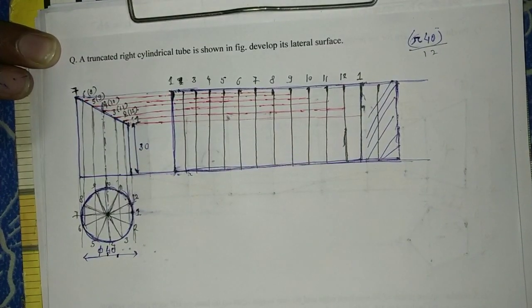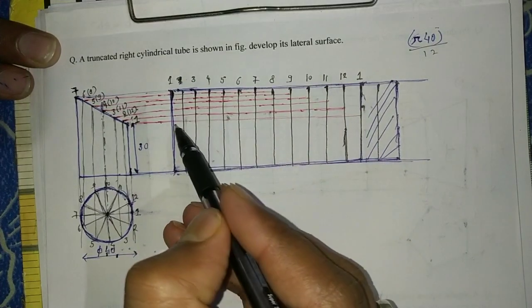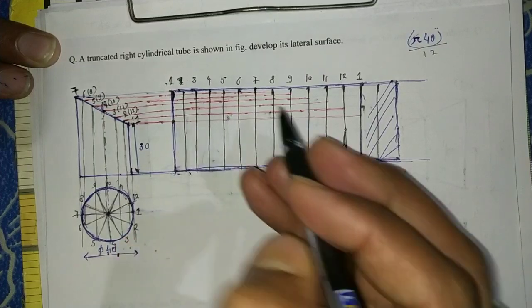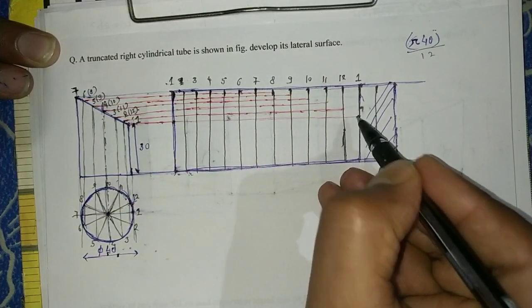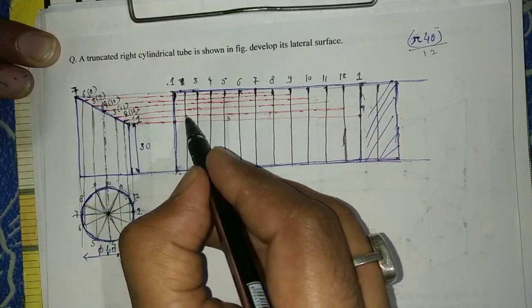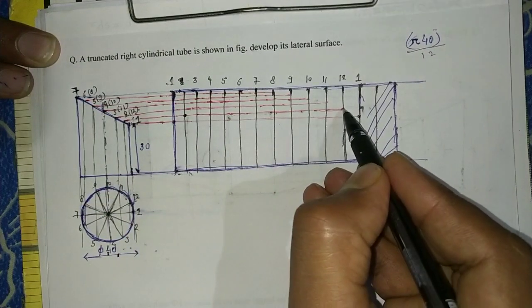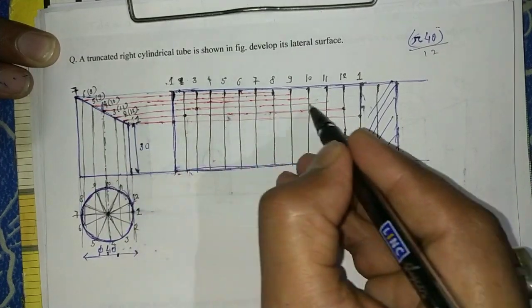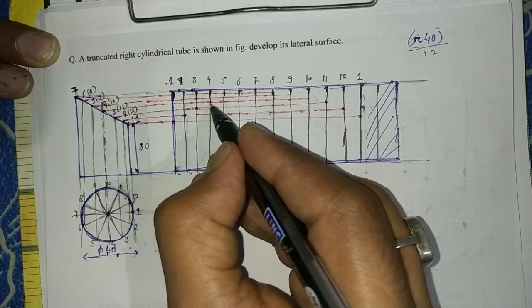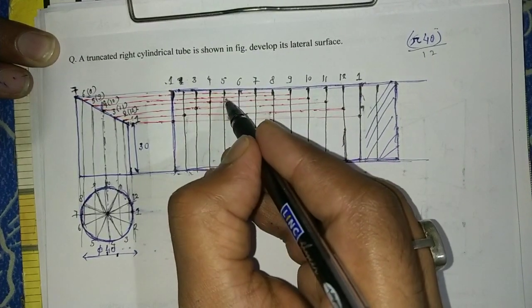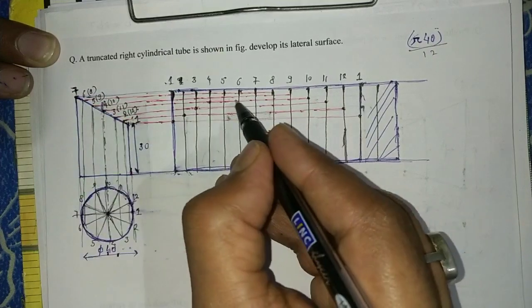Okay, so now we can find the intersection points. 1 and 1, this one and this one. Second one is 2 and 12, so 2 is this and 12 is this. Third one is 3 and 11, so 3 is this one and 11 is this one. Then 4 and 10, then 5 and 9.